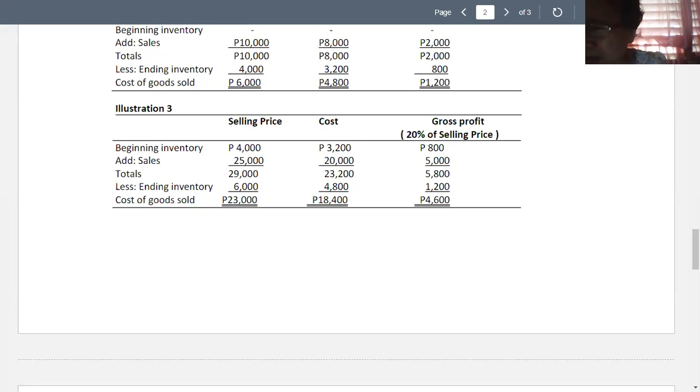Deduct from ending inventory. Take note that 800 pertains to the beginning inventory and 1,200 to the ending inventory in the year 2017. So the difference is 79,600.